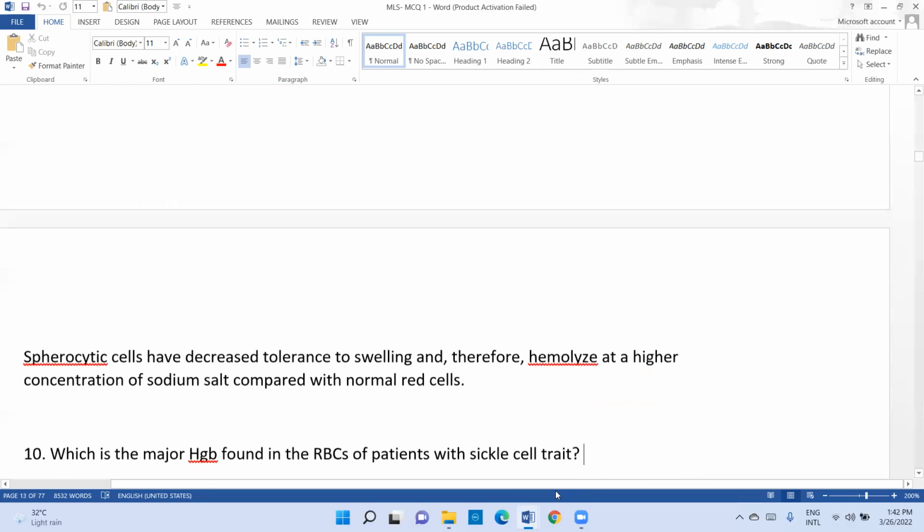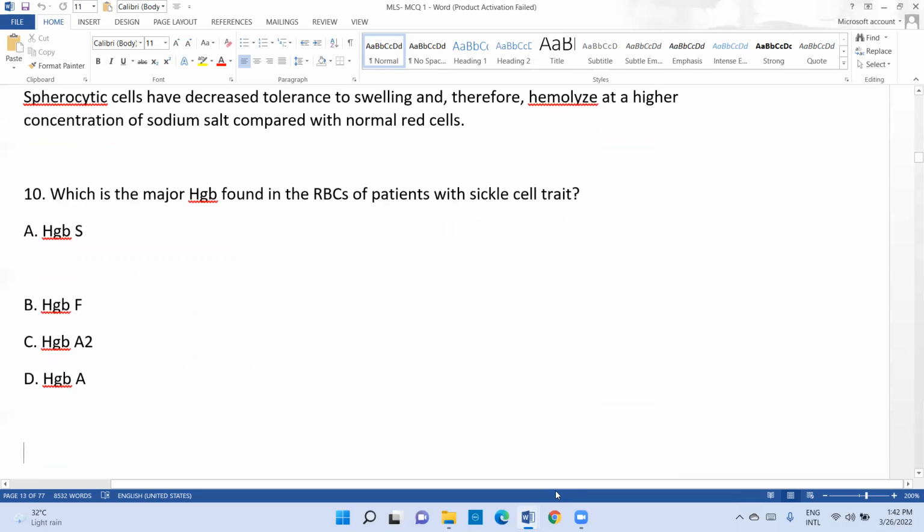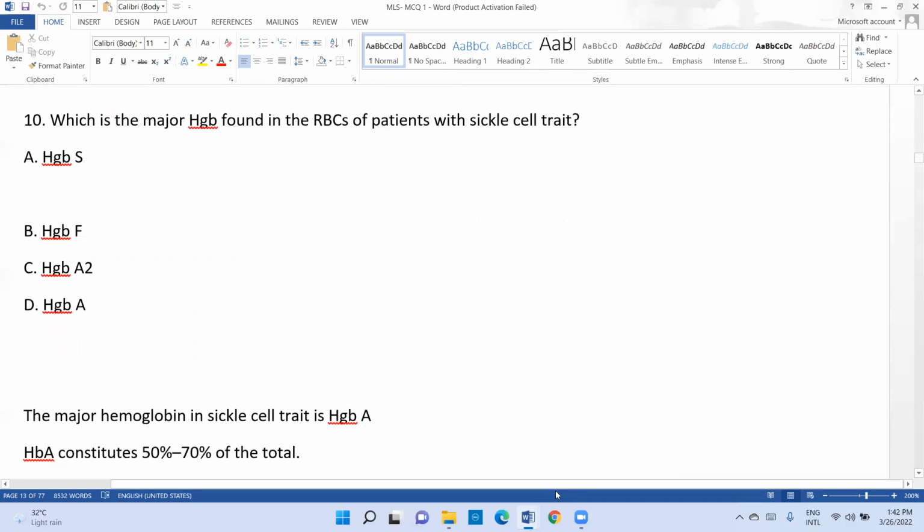We will go to question number 10. Which is the major hemoglobin found in red cells of patients with sickle cell trait? Sickle cell is an abnormality in hemoglobin.